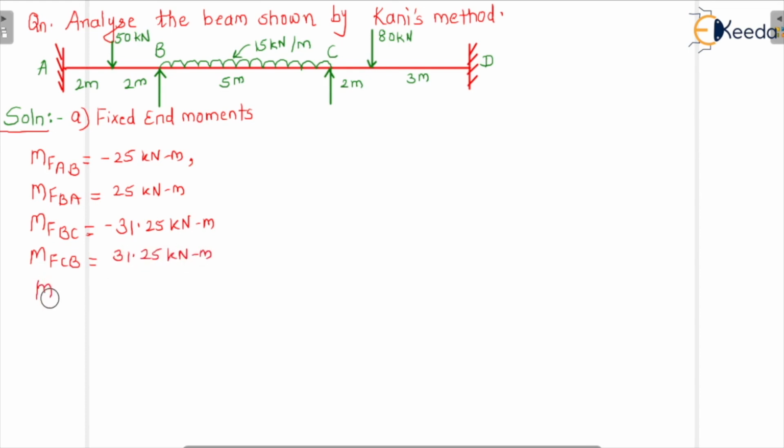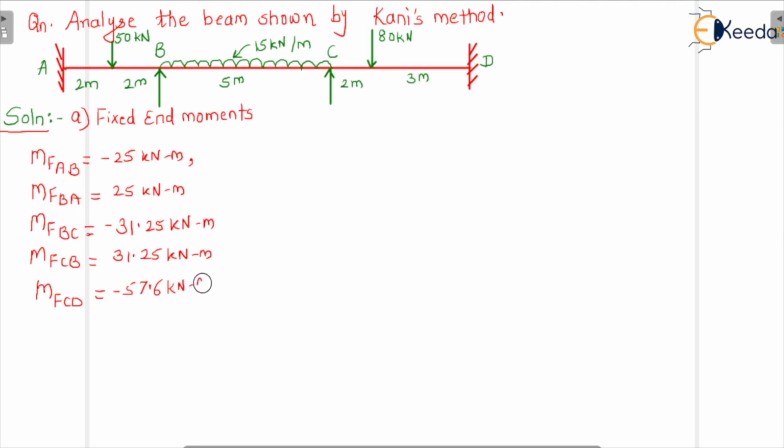MF of CD, again this formula, W a b square by L square. So W is 80, a is 2, b square is 3 square, by L is 5. With that formula we get the answer as minus 57.6.